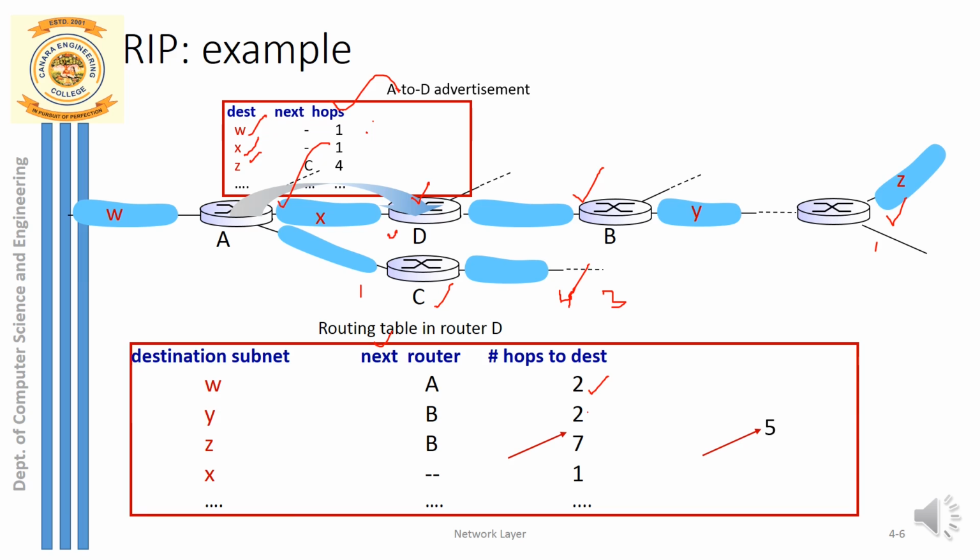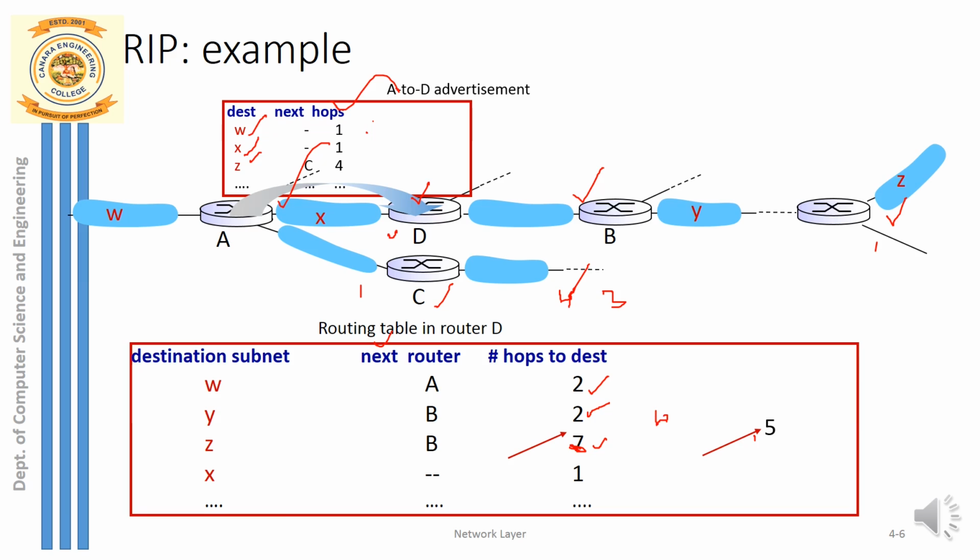Again, our D also knows that Y is reachable through 2 hops. So here it doesn't have it, but again that is the same information. But what about this Z? D says that D can reach Z via B at the cost of 7.